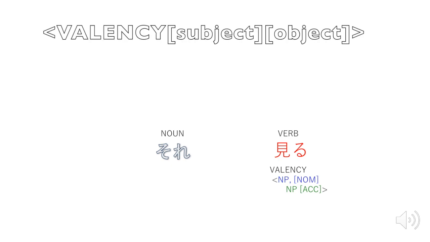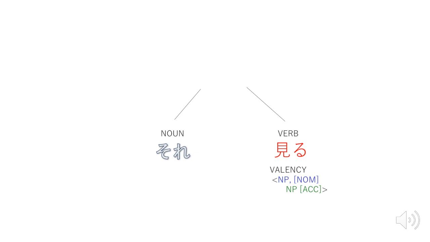It wants a subject, noun phrase, and an object, noun phrase. Let's see if we can match them up. Well, it seems all right. We might expect the information in the valency list to match with the information on the noun phrase. So the information in the valency list should be able to mark the noun phrase without any problem.